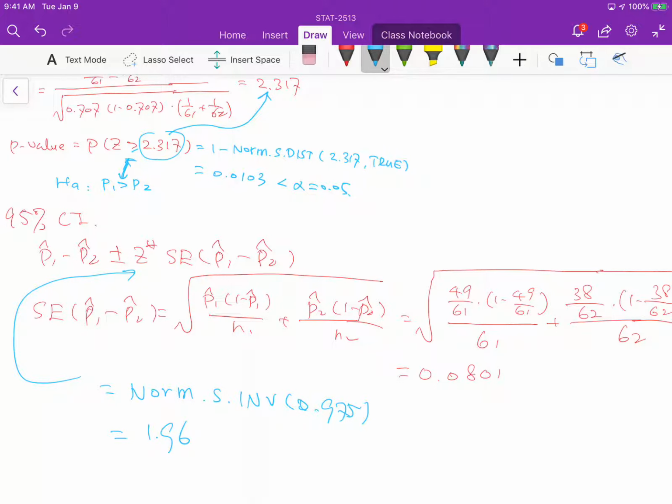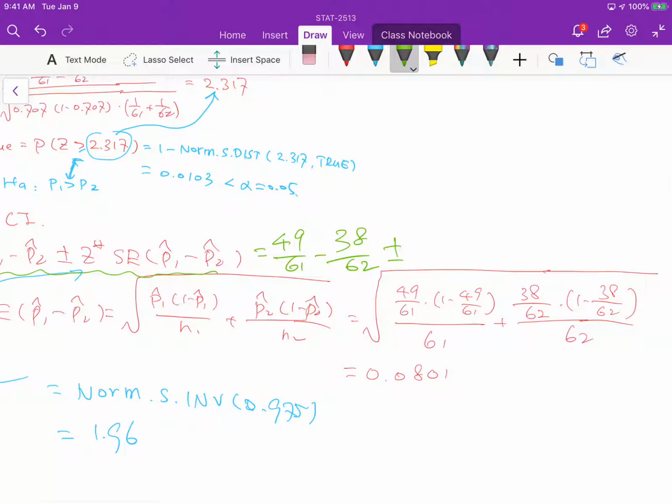We've already identified all of the values, right? So this confidence interval will be 49 over 61 minus 38 over 62, which is P1 hat minus P2 hat, plus or minus the critical value 1.96 times the standard error we just calculated.